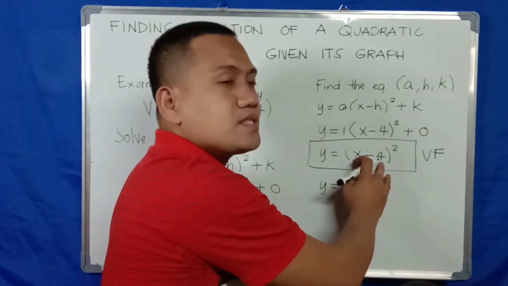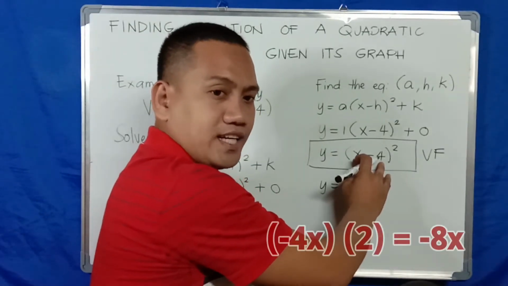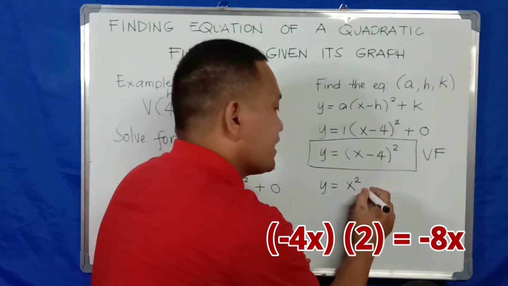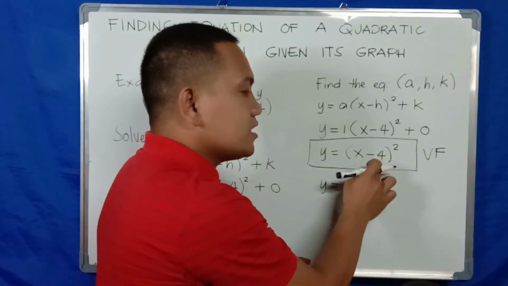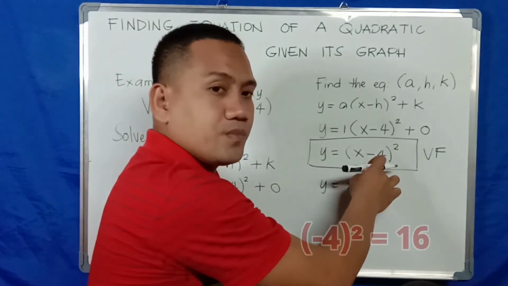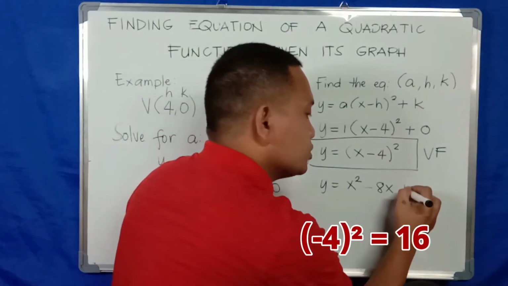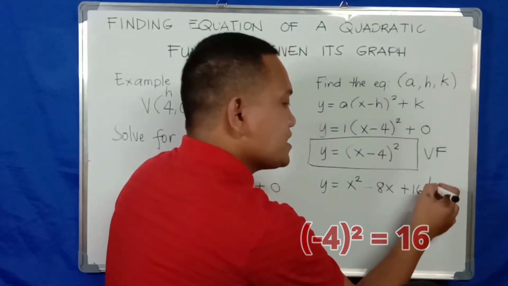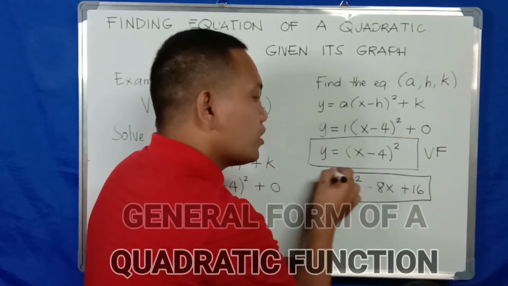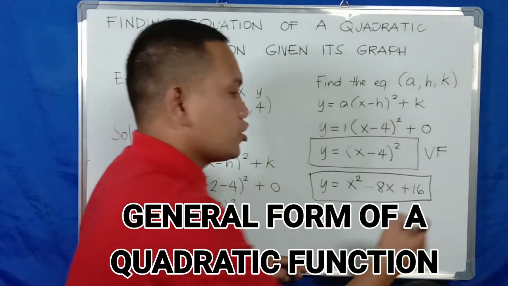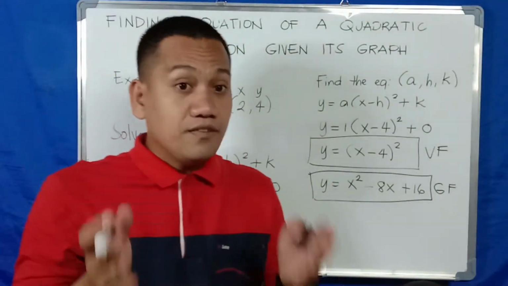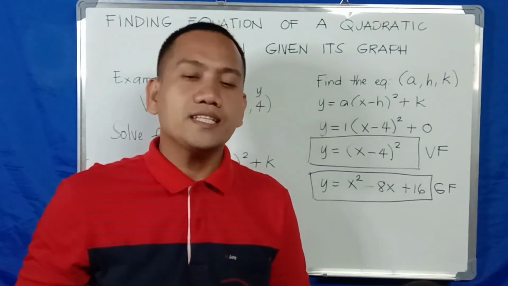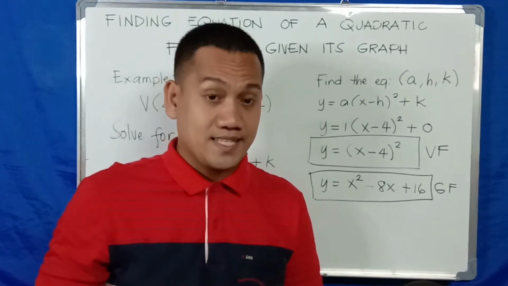So x times negative 4 is negative 4x times 2, that would be negative 8x. And for our third term, we will get the square of negative 4. So squaring it, that is equal to 16. So this becomes the general form of our quadratic function. So we have the general form of the quadratic function given as y equals x squared minus 8x plus 16.